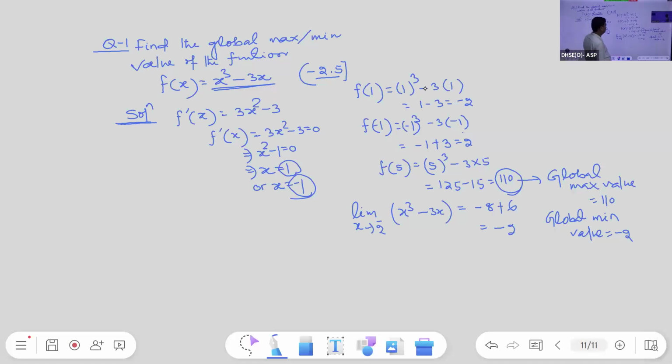Next question. Find the global max and min value of the function f of x equals x into e raised to the power x.